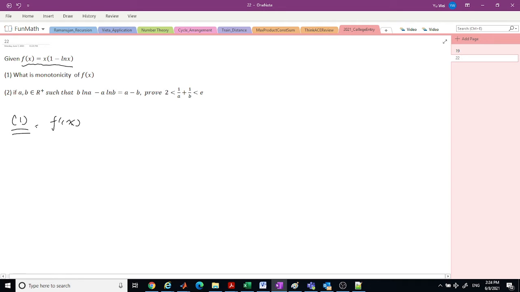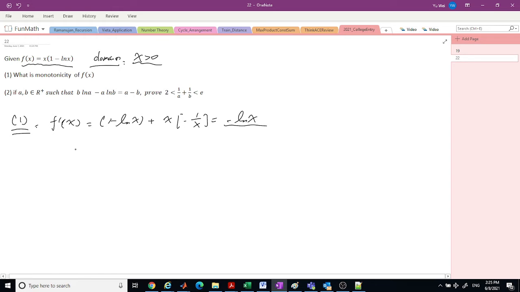The derivative of f(x) is 1 minus log x plus x times the negative 1 over x, so this is the negative of log x. And for the domain, in order to make this make sense, we must have x greater than 0.